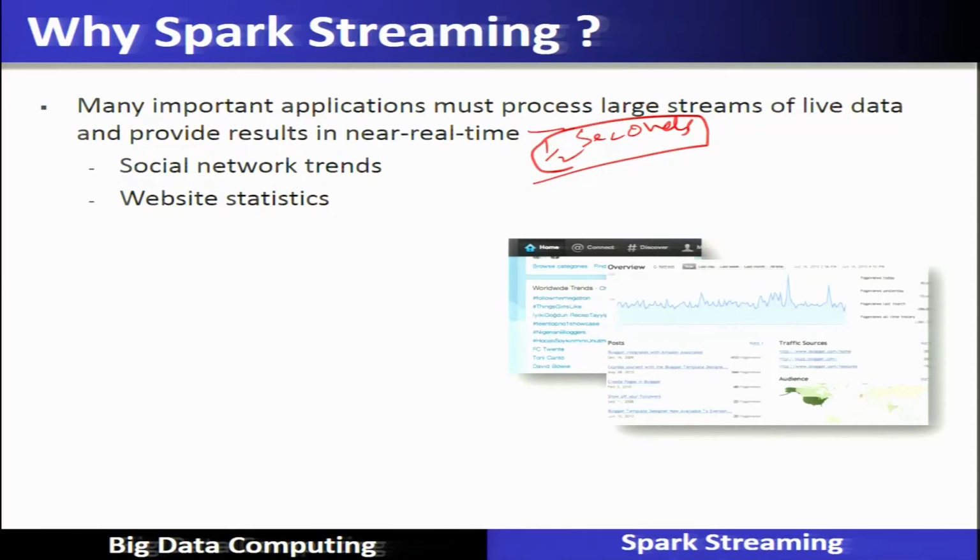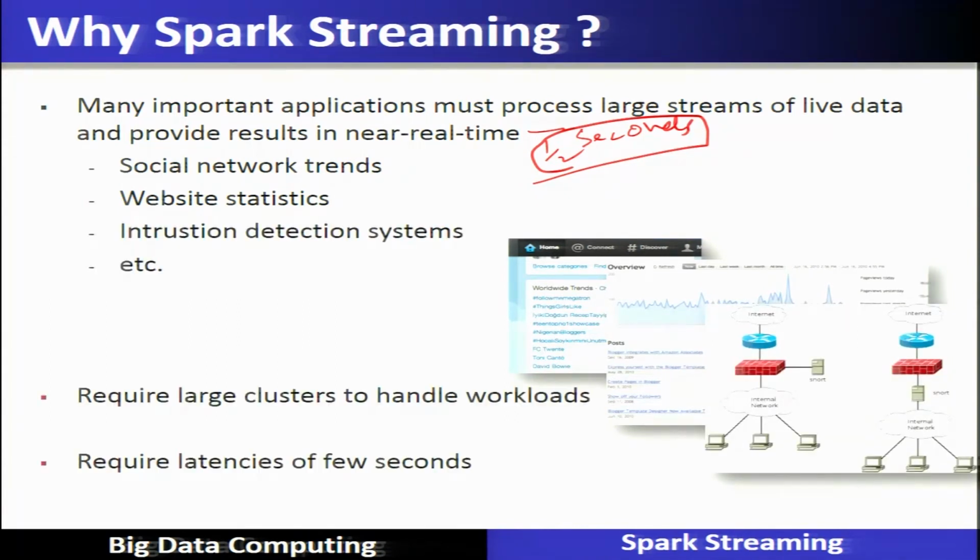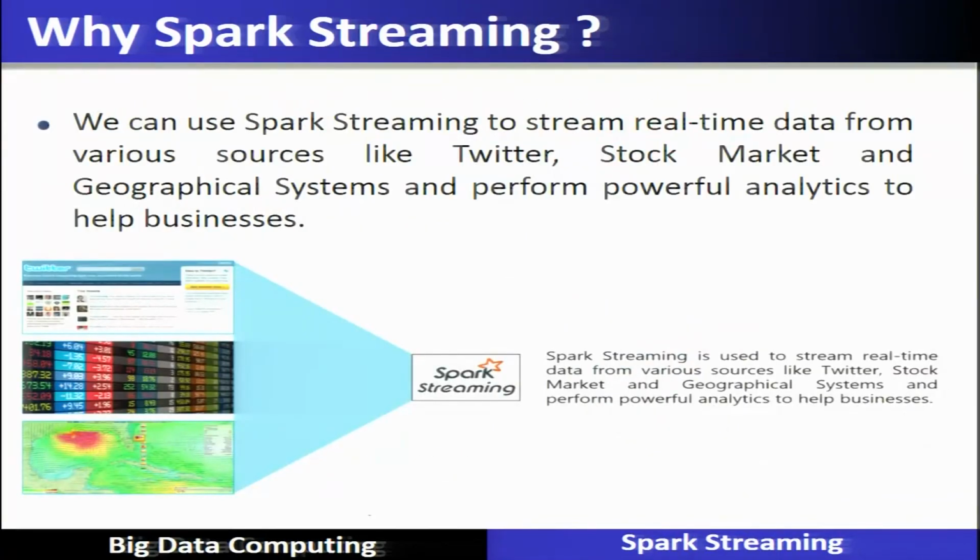Let us see the different applications such as social network trends, website statistics, and intrusion detection systems. They need this kind of streaming system, require a large cluster to handle these workloads, and also require latencies on the order of seconds.